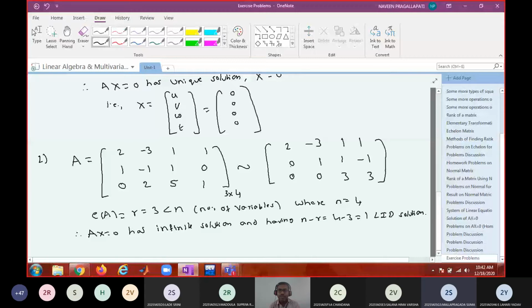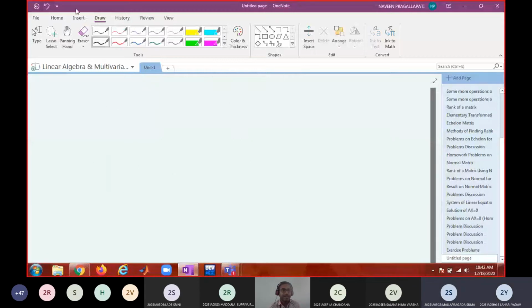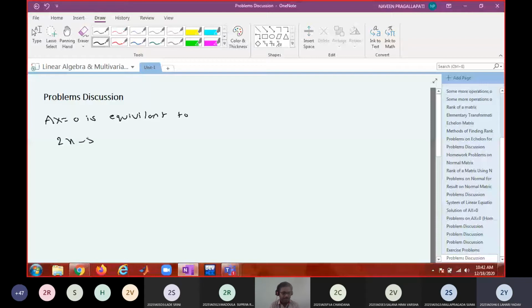So what is the equivalent system now? Ax equal to 0 is equivalent to, tell me, 2x minus 3y plus z plus t is equal to 0.